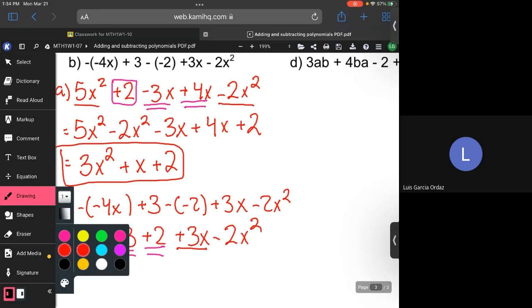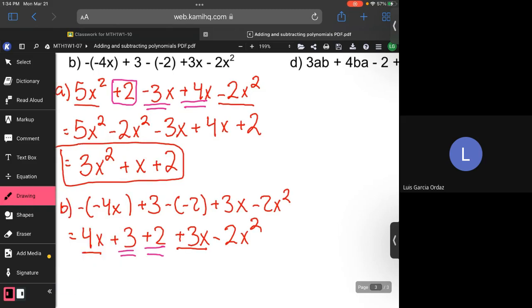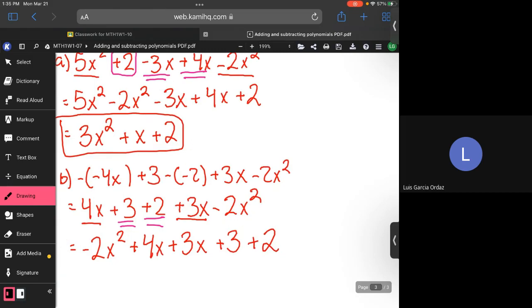So let's rewrite this. We're going to start with my negative 2x squared plus 4x plus 3x plus 3 plus 2. So what does my simplified expression become? Austin.